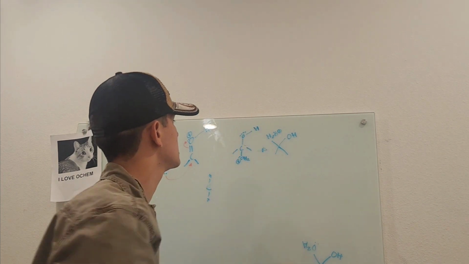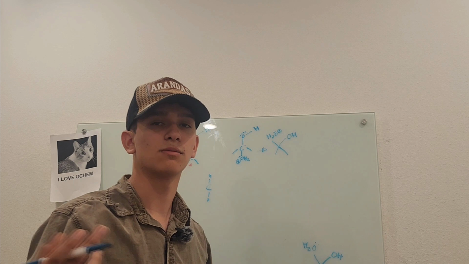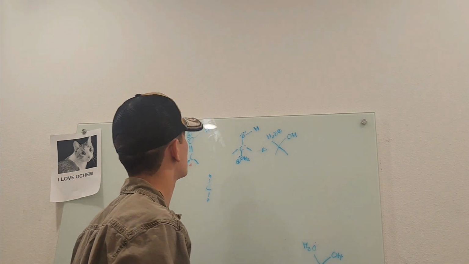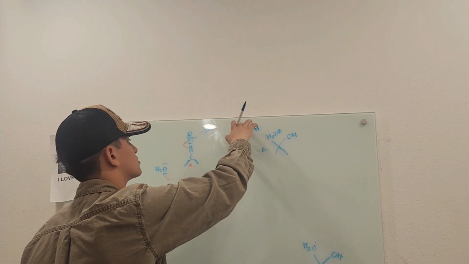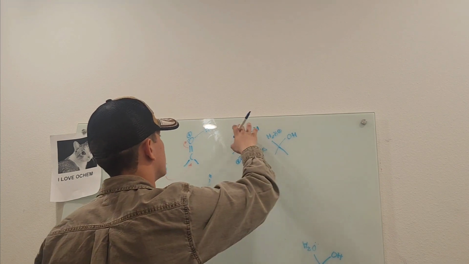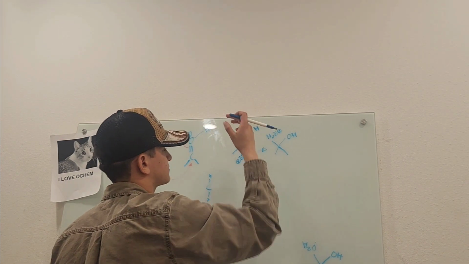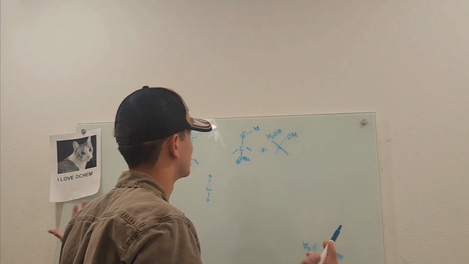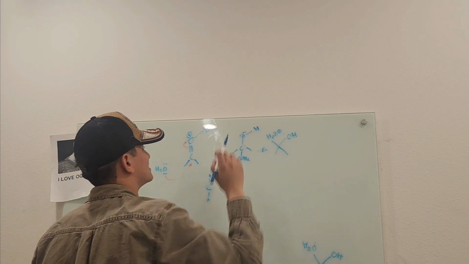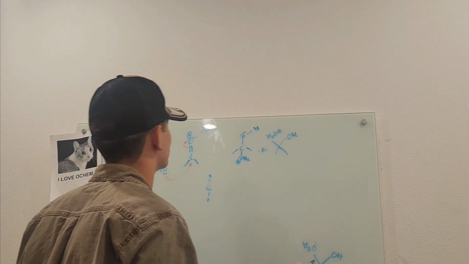That's why the oxygen now becomes a normal charge oxygen. It is neutral, it doesn't have a positive or negative charge. It has all its valence electrons and everything is in the right place.